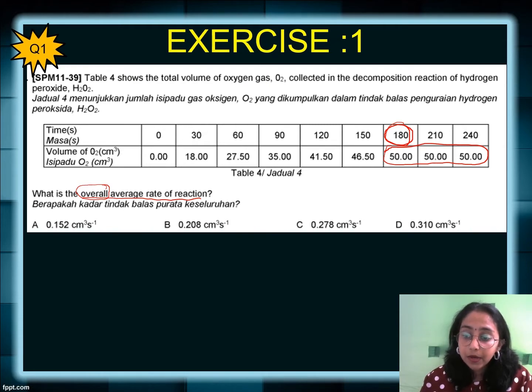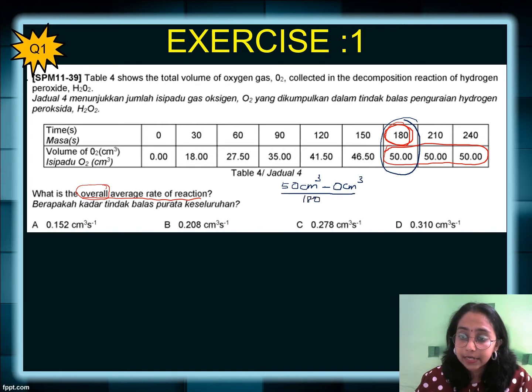So now in our calculation, the very important data is this. When you are calculating the overall average rate of reaction, we already know the highest volume of gas collected was 50 cm3, minus the initial, which is 0 cm3, right? And the time taken for the reaction to complete is 180 seconds, minus 0 seconds.